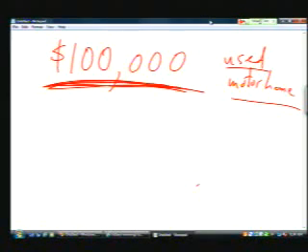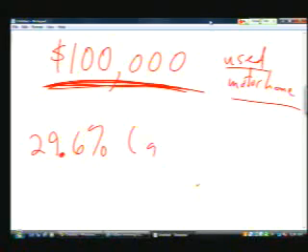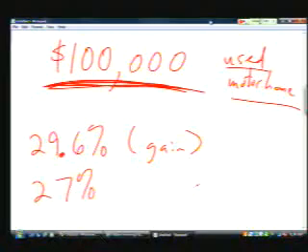Now, last year, I'm not bragging, actually I'm a little bit embarrassed. Last year, the stock market gained 29.6%. I only did 27% in my stock option trading business.